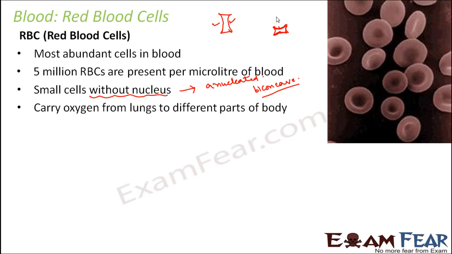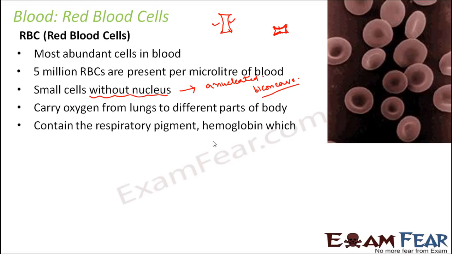So these red blood cells contain hemoglobin, and hemoglobin helps to carry oxygen by formation of oxyhemoglobin. That way it helps to transport oxygen from lungs to different parts of the body. It contains the respiratory pigment hemoglobin, which has affinity for oxygen, and that is why they form the compound oxyhemoglobin.